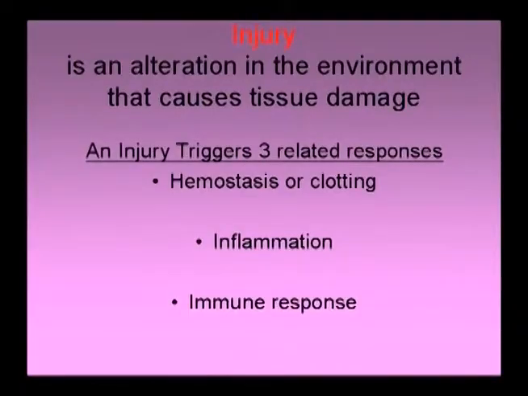Injury is an alteration to the environment that causes tissue, including bone, damage. An injury triggers three related responses: homeostasis or clotting, the inflammatory response, and the immune response. I would like to look specifically at the inflammatory response and the changes that occur in bone and subsequently can be seen in the interpretation of radiographs.